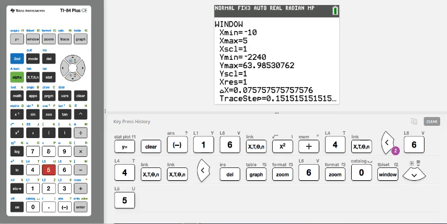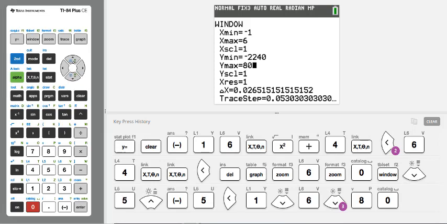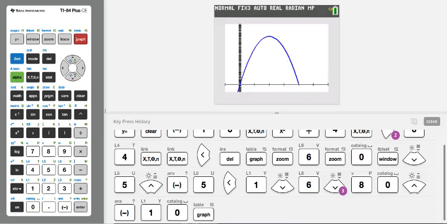We'll put x max at 6. Y max was 63, so let's put 80. And Y min, I don't need to see that. I can put negative 10, and we'll hit graph.